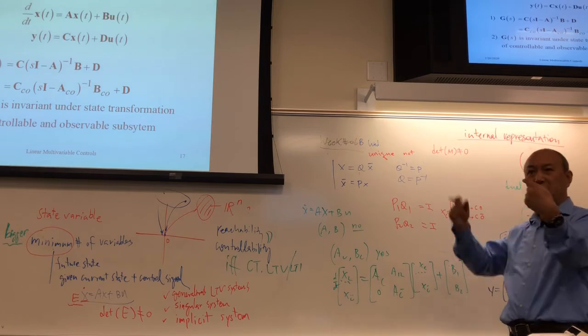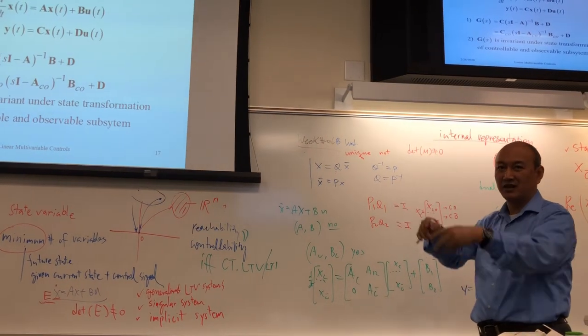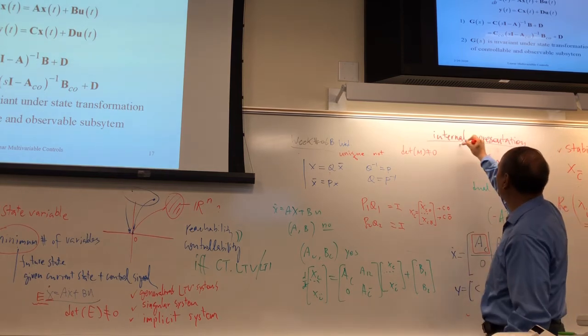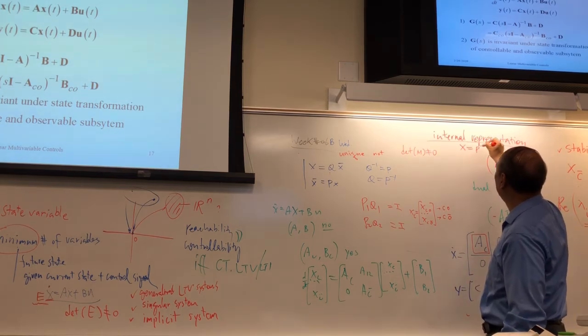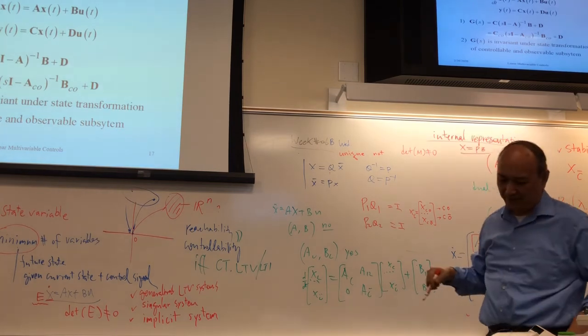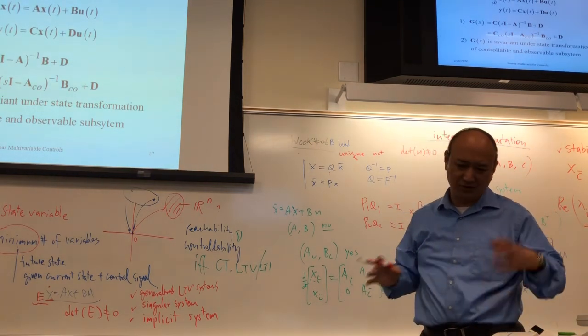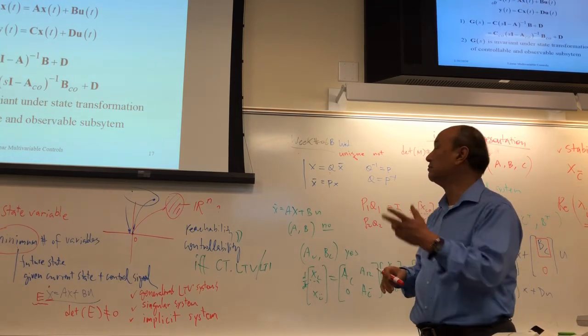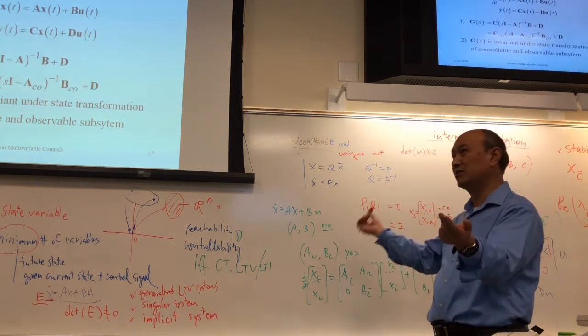But for the in and out, it's the same, but internally, you can interpret in many different ways because you can do X is P, Z. You do a coordinate transformation. No matter what you do, you are not going to change the in and out property.